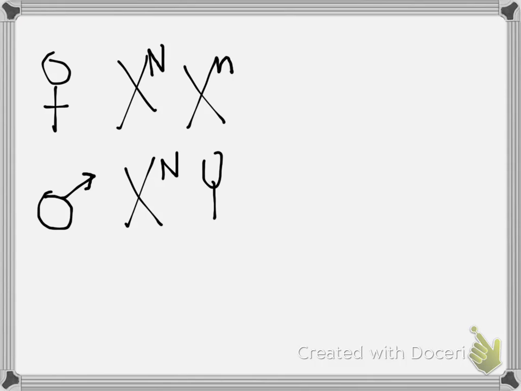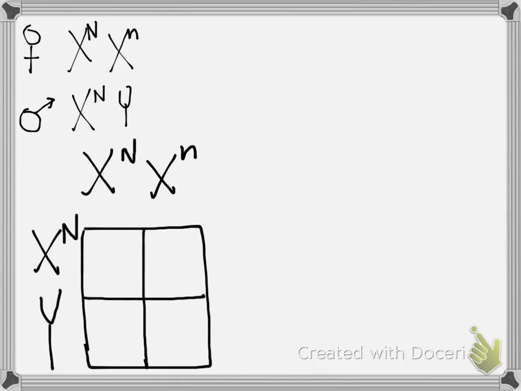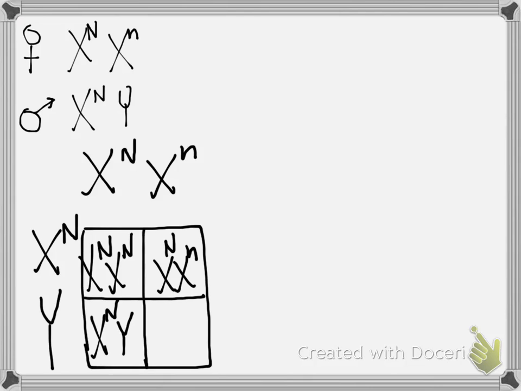So now we have enough information here to do a Punnett Square. So we have X big N, X big N, X big N, X little n, X big N Y, X little n Y. We're going to do our male and female genotype ratios separately.